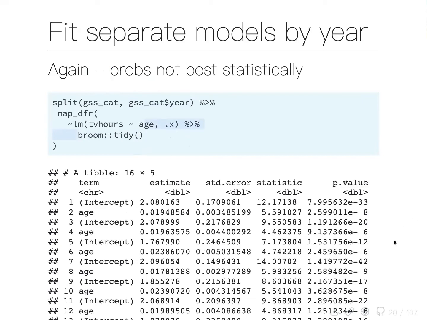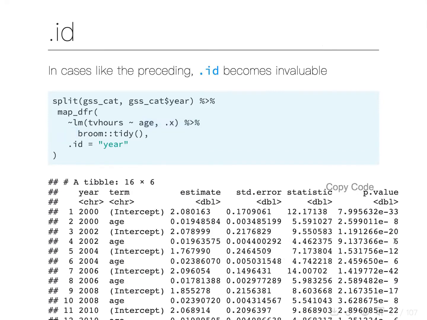However, this is really not very helpful because I have intercept, age, intercept, age, intercept, age, and I don't know which one is linking to which year at all. So what I can do instead is add a .id argument, call it year, and now I get a column that specifies the year for each of those. Why does it specify the year there? Because split up here splits by the thing, and that's a list, but then each element of the list is named according to the thing that you split by.